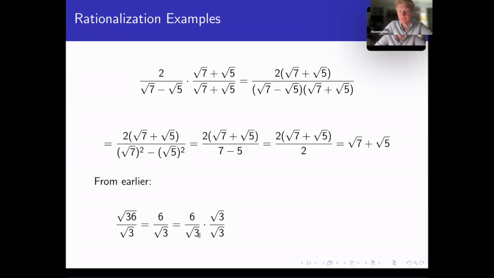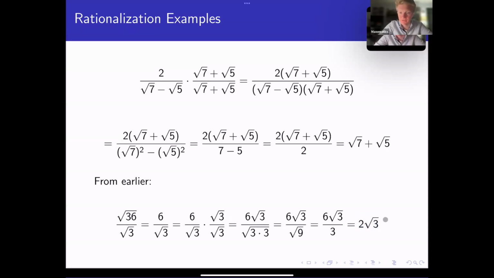The square root of 3 times the square root of 3 is the square root of 9. 6 times the square root of 3 is just 6 square root of 3. The square root of 9 is 3, and 6 divided by 3 is 2. That's the same answer we got before when we looked at this example for the first time.